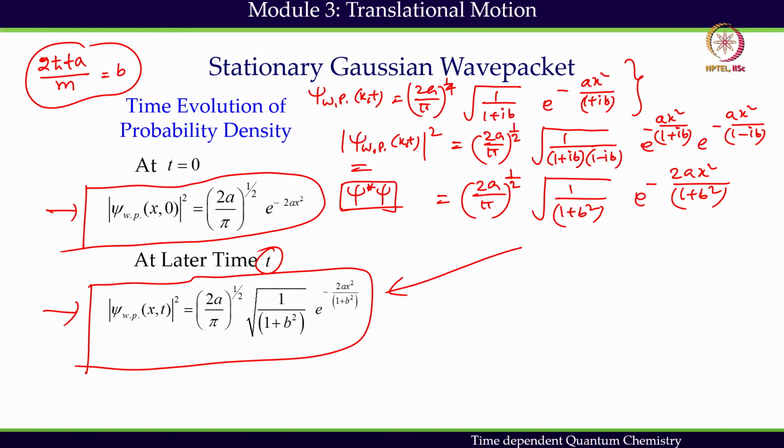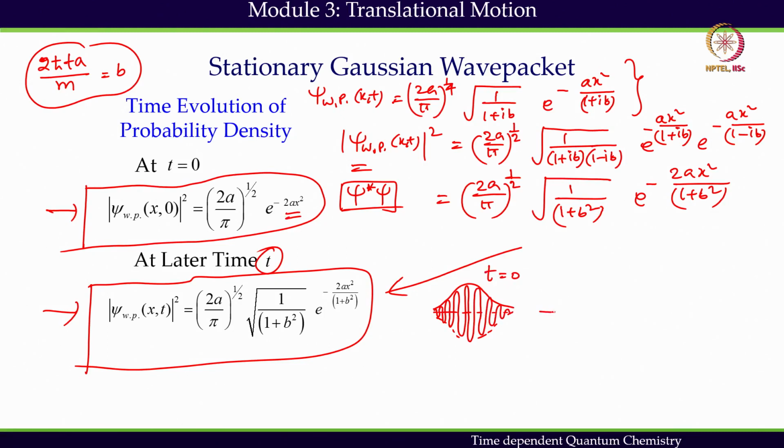One thing is quite clear from here is that if I start with a particle which is represented by a Gaussian wave packet, this was at t equals 0, this is Gaussian.